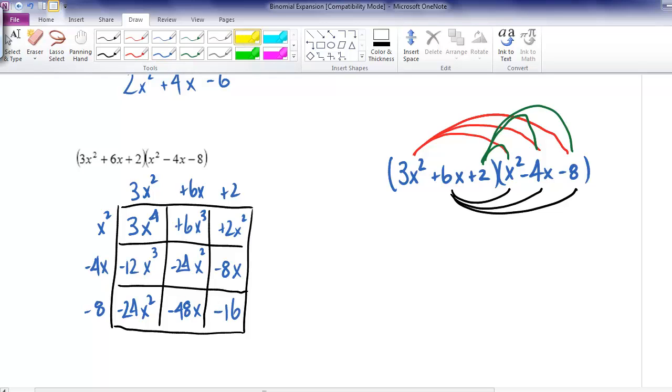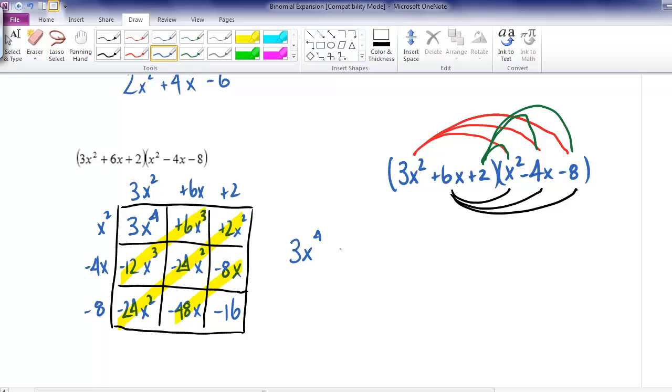Now the really nice thing about doing it in tabular form, our like terms are always diagonal. I didn't want to expand it out over there because it'd be too messy, but a table breaks a tough problem into an easier problem, and the other thing it does ahead of unmultiplying is it allows us to organize our thinking.